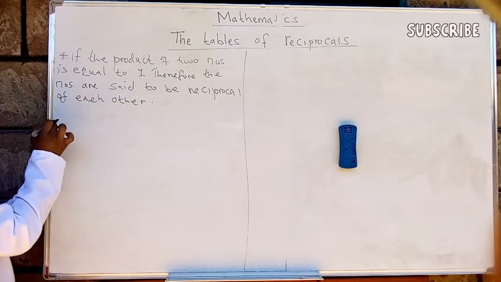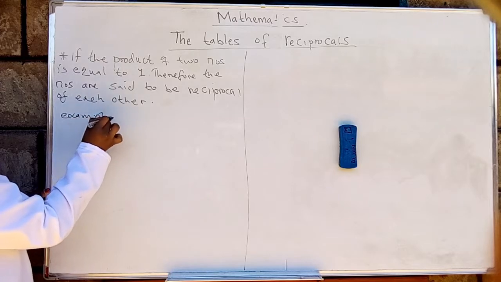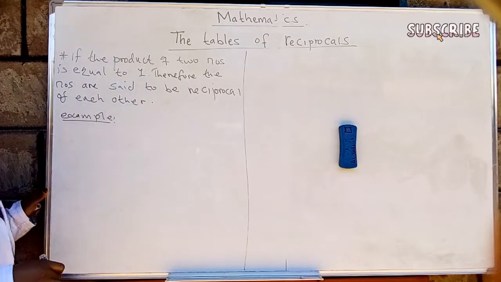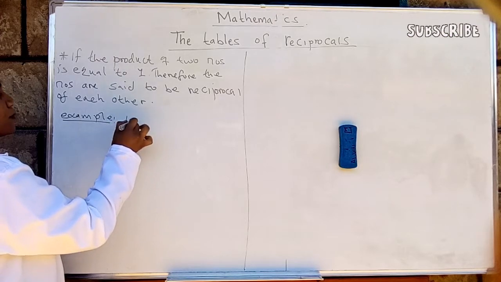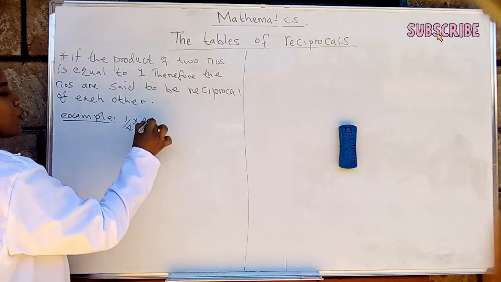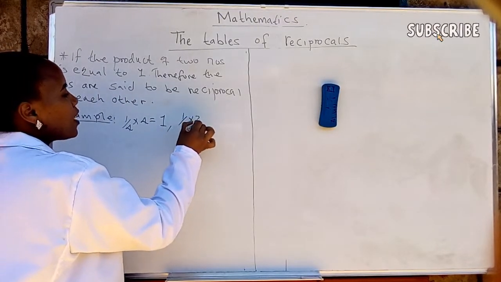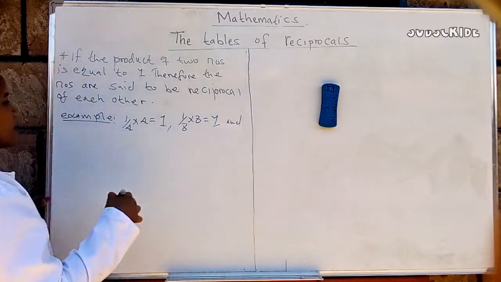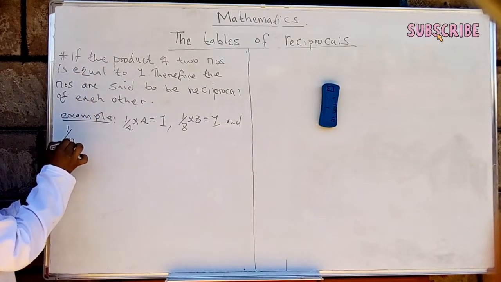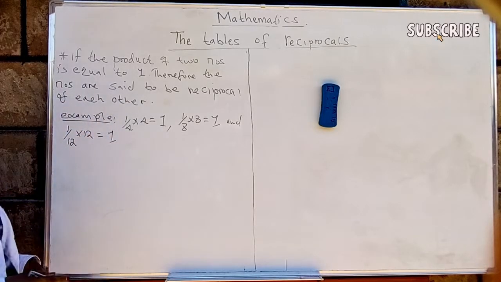For instance, if we have a quarter times 4, we get 1, and 1 over 8 times 8 is equal to 1, and probably the last one, 1 over 12 times 12 is equal to 1.